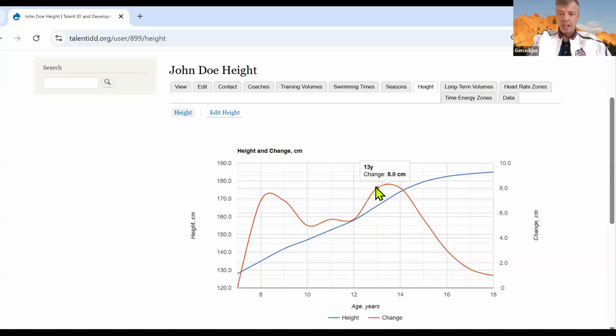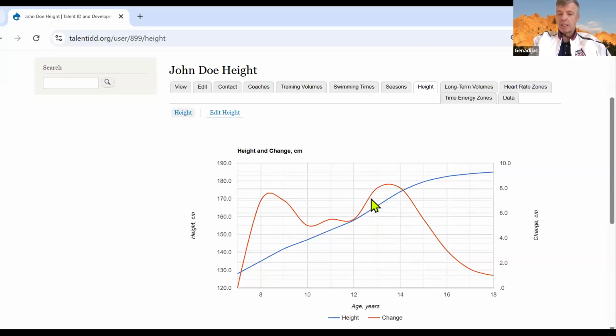That's where puberty started. If your puberty started at age 13, that means you are 1 year later mature. Ideally, we don't want to measure height just once a year. We need to measure every 3, 4, or 6 months. And if you're entering more often, the software will detect puberty earlier as well.